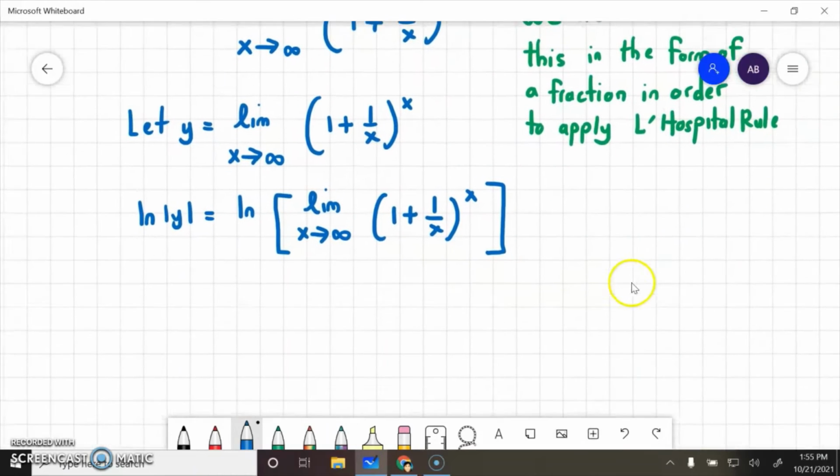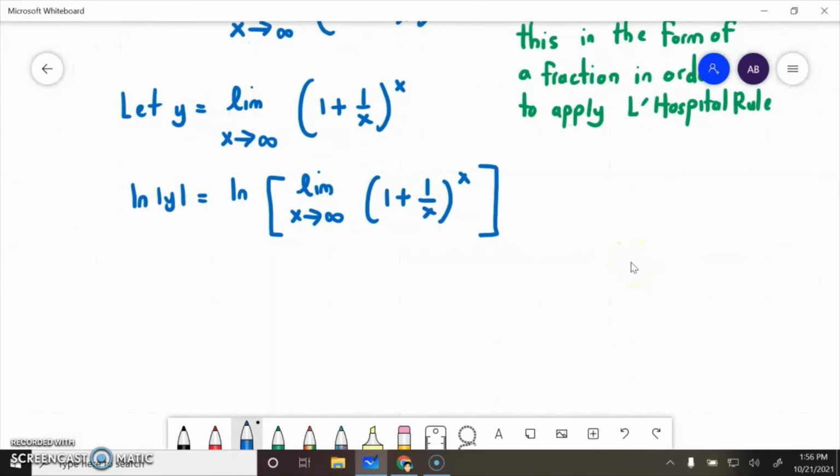Now what you do here, I want to write this in the form of a fraction. So I'm just going to play around with this. Put the ln inside here. I will have the limit as x approaches infinity. What happened? The x goes to the front, right?